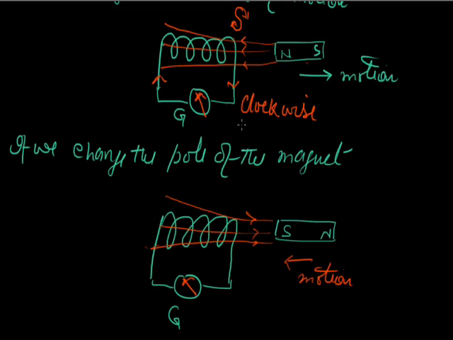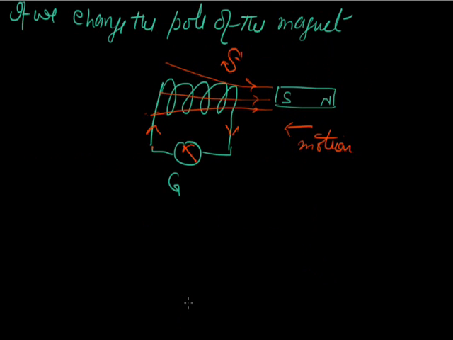It is opposed according to Lenz, so there must be repulsion. Repulsion is only possible when this face of the solenoid behaves as a south pole. So current will be induced clockwise. It means if we change the pole or the direction of motion, then the direction of current induced in the solenoid will be reversed. In this way we can easily find the direction of induced current.